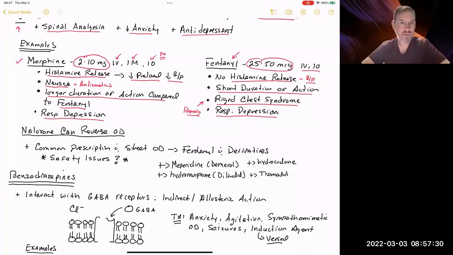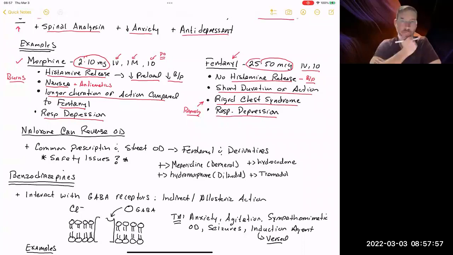For example, morphine is generally better in burn patients. Somebody who's been burned, right? This is not a pain that is going to go away anytime soon. So giving large doses of something that has longer duration of action is going to be a better plan, right?